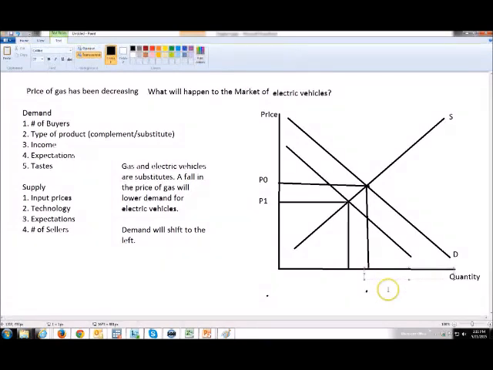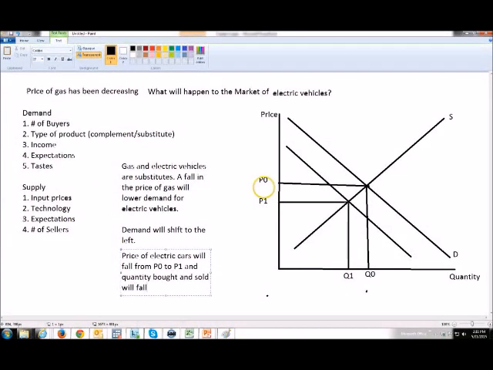Initially quantity was Q0, and it fell to Q1. So after demand shifts to the left, we can say the price of electric cars will fall from P0 to P1, and the quantity bought and sold will fall from Q0 to Q1.